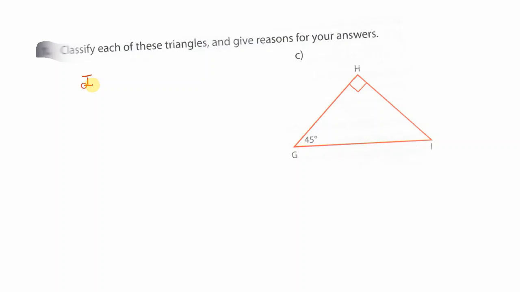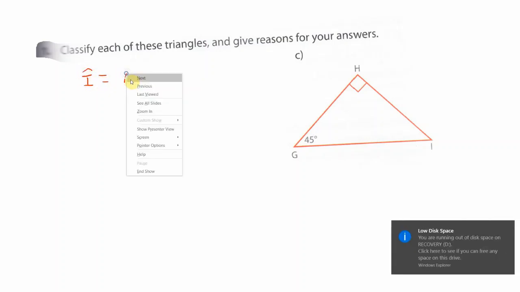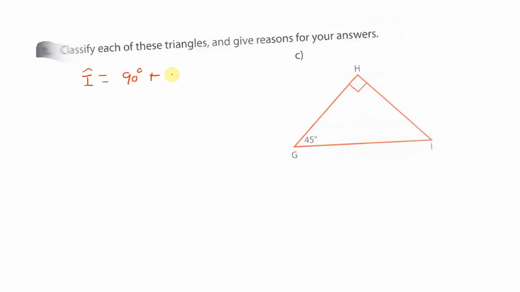We can say angle I is equal to 180 degrees minus 90 degrees plus 45 degrees. Our reason, very important, is angle sum of triangle.